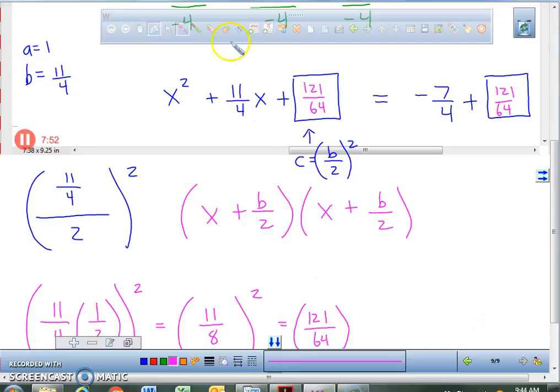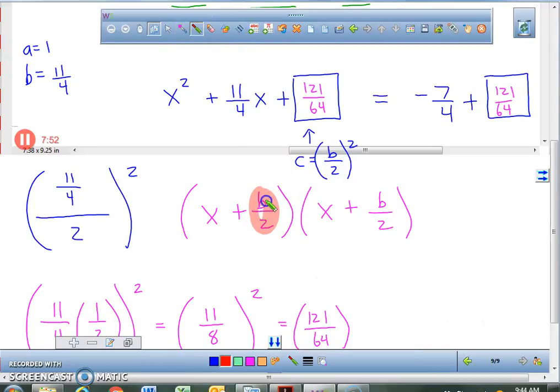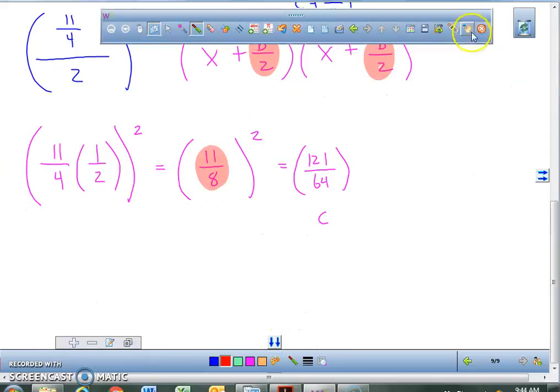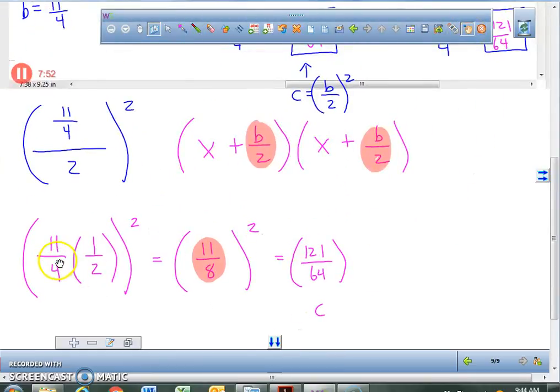In this case, our b value divided by 2 ended up being 11 over 8. When we took half of our b value, this right here, that became 11 over 8.